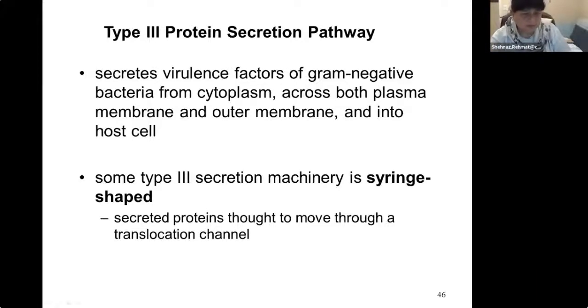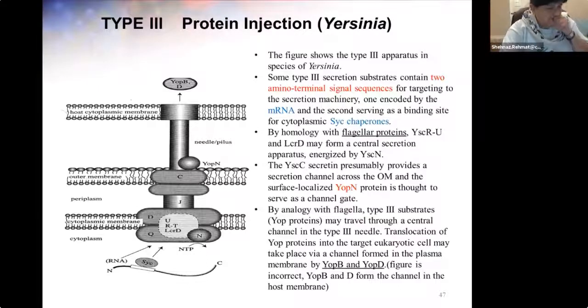This secretion machinery has been modeled as a syringe shape, and this allows a translocation channel to be formed between 3 membrane systems. The best studied example of the type 3 system is Yersinia. Yersinia pestis, which causes plague, delivers the YOP proteins straight into the host.